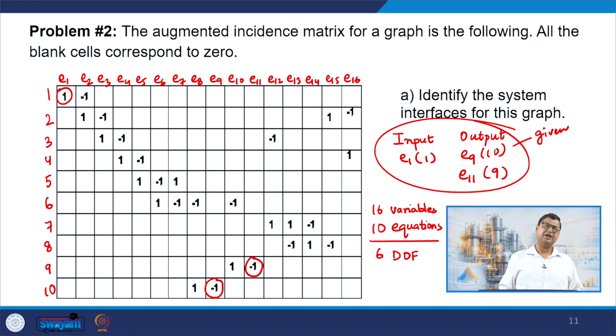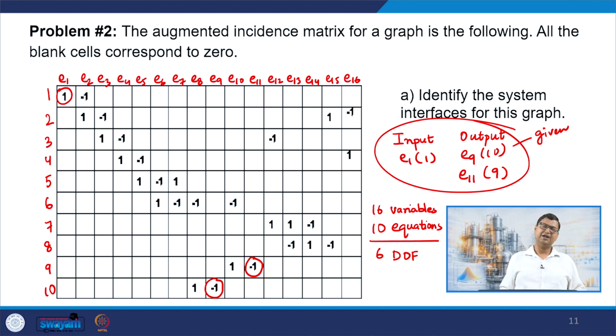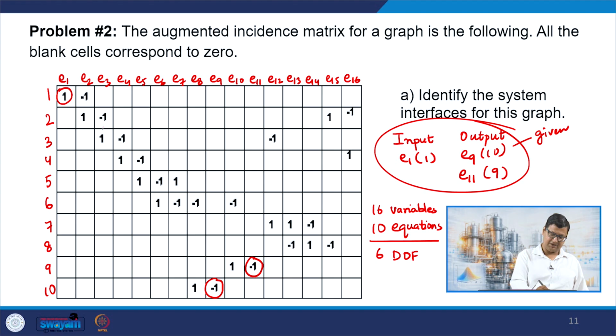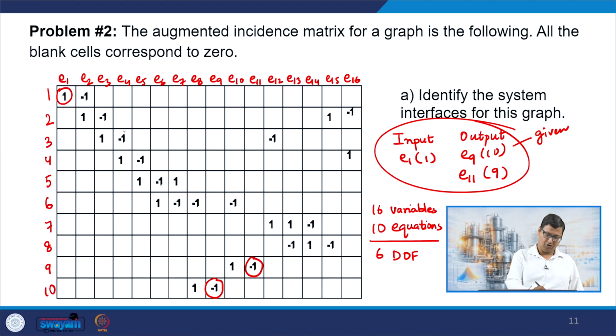So, we go column by column and we draw the edges in my graph. E1 is already identified to be an interface, so we do not worry about it. It will not feature in the graph and in the Boolean matrix, right. E2 is coming from 1 going to 2. So, this is my E2. E3 is coming from 2 going to 3. E4 is coming from 3 going to 4.